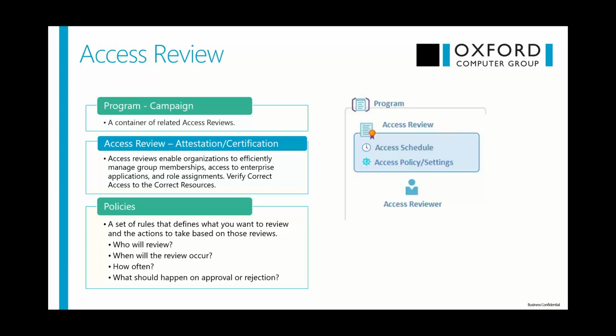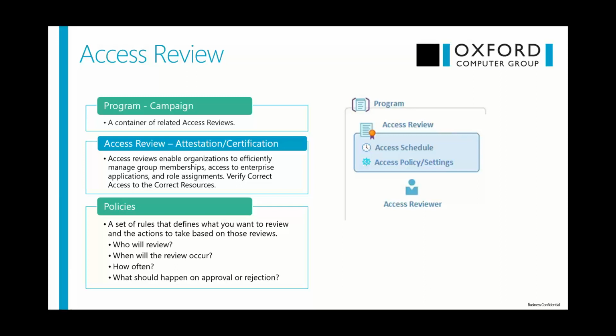We have an access review attestation certification, where access reviews enable organizations to efficiently manage group memberships, access to enterprise applications, and role assignments. So access reviews are about verifying correct access to the correct resources. It's really the name I wanted to call this presentation, because I think it means a lot and provides a lot.